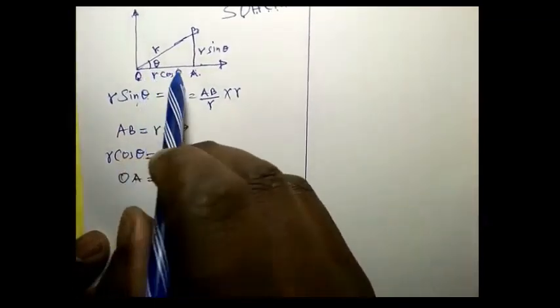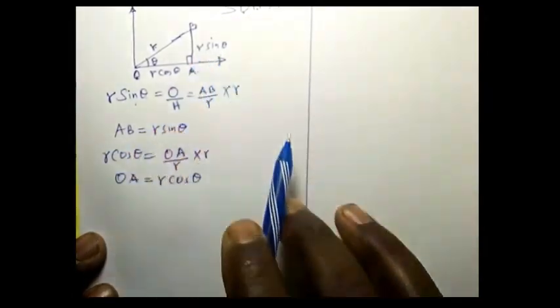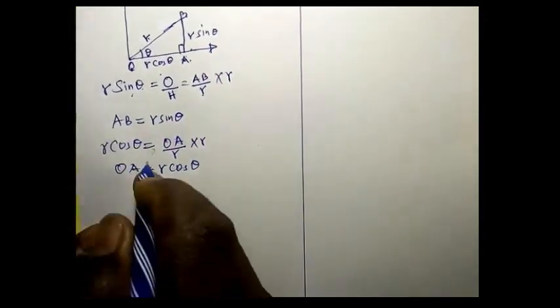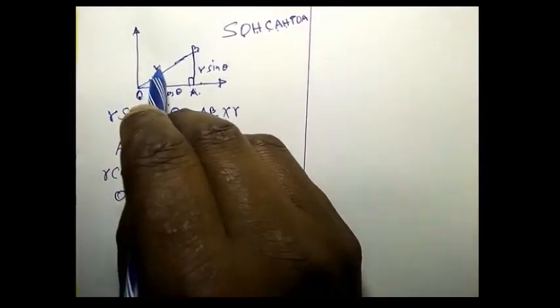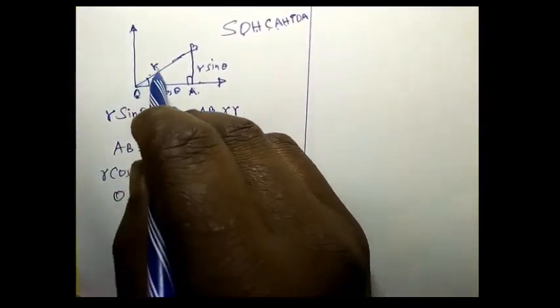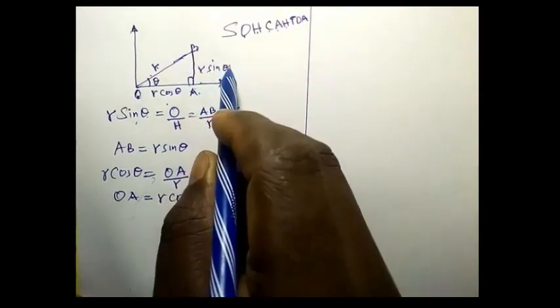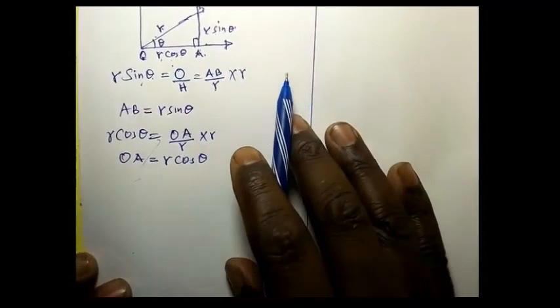Now since this is a right angled triangle, we can use the Pythagoras theorem to find the relationship between cos and sine. We know that using Pythagoras theorem, R square, which is the hypotenuse squared, will be equal to R sine theta square plus R cos theta square.